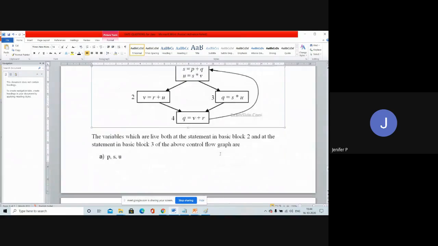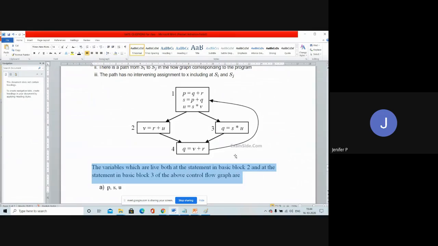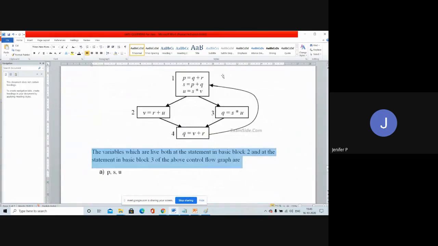The question asked is: the variables which are live both at the statement in basic block 2 and basic block 3 in the above flow graph. They have given the conditions and the flow graph. You are asked to find which variables are live at block 2 and block 3.